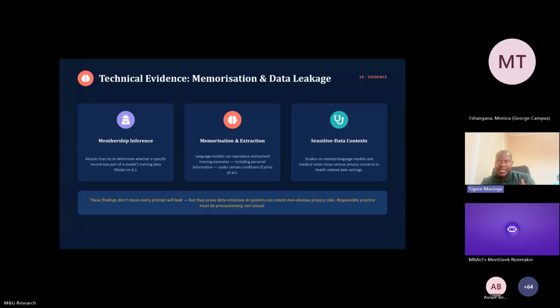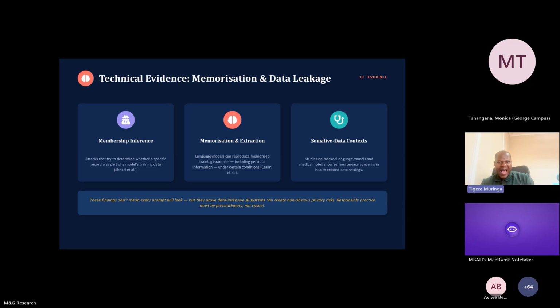And another study by Carlini et al. demonstrated that LLMs can reproduce memorized training examples, including personally identifiable information under certain conditions. When probed effectively and thoroughly, you can trace back to say, where is this information coming from? From which data was this example taken? From which study? From which context?